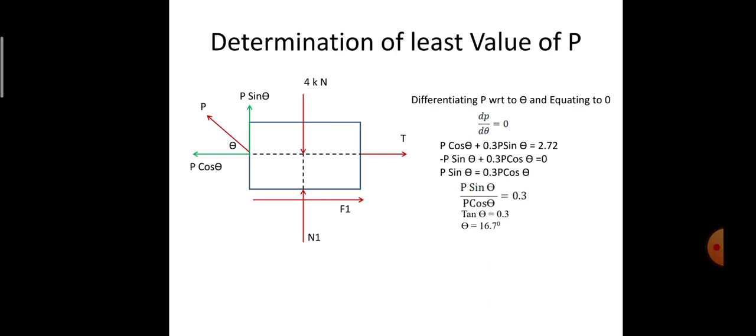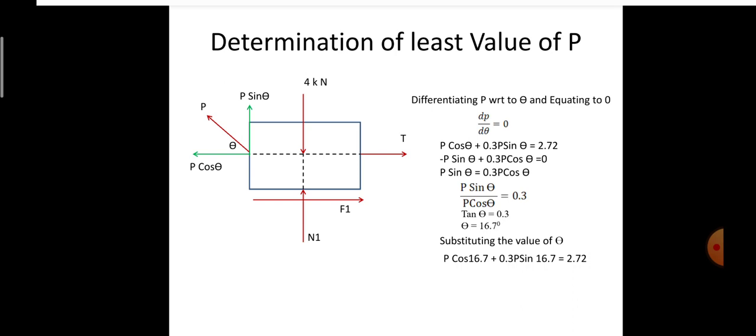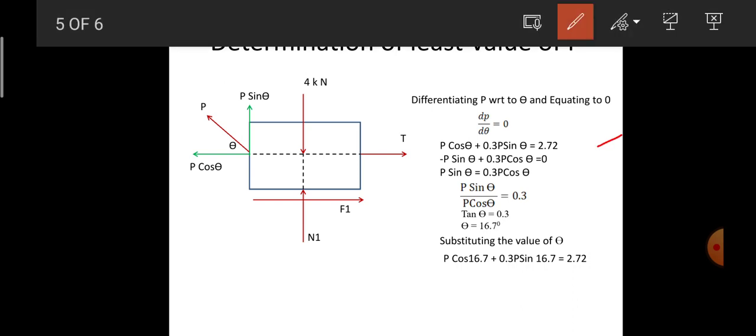The next step, after calculating theta, is to substitute the value of theta in the expression P cos theta plus 0.3 P sin theta equal to 2.72.